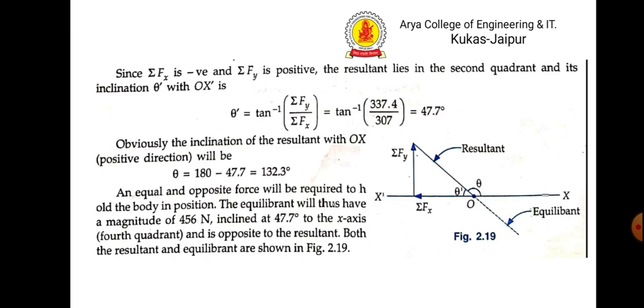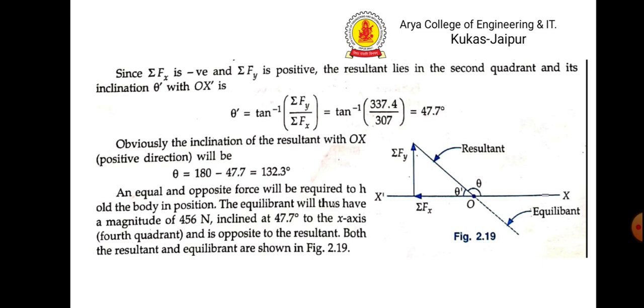Now since Fx is negative and Fy is positive, the resultant will lie in the second quadrant. Okay, and its inclination is theta dash with OX dash, instead of OX. So theta dash will be equal to tan inverse of mod of summation Fy upon summation Fx. So the value is 47.7 degrees.